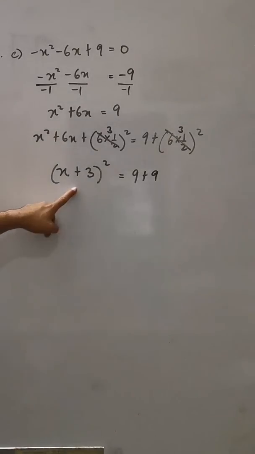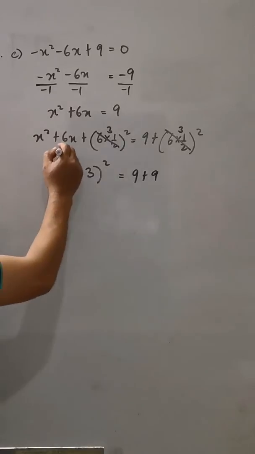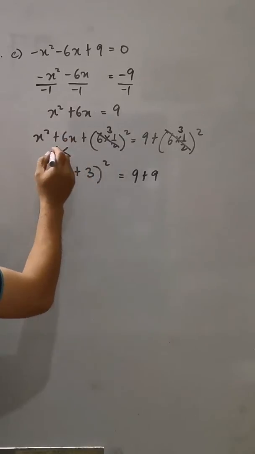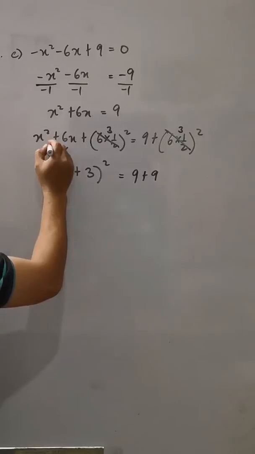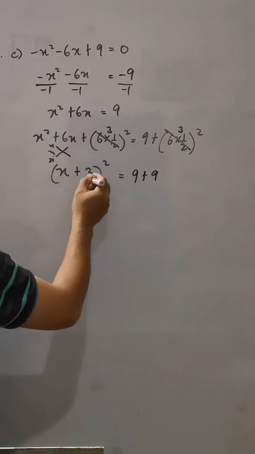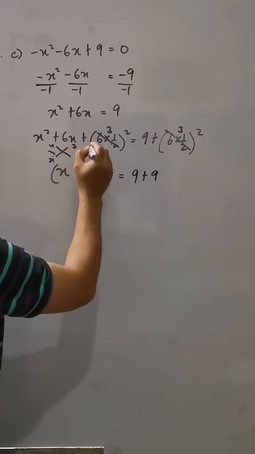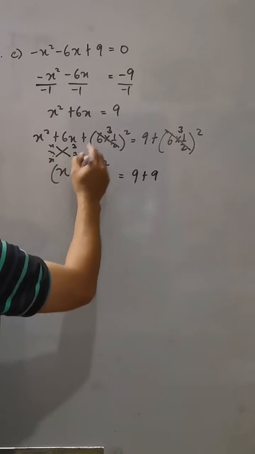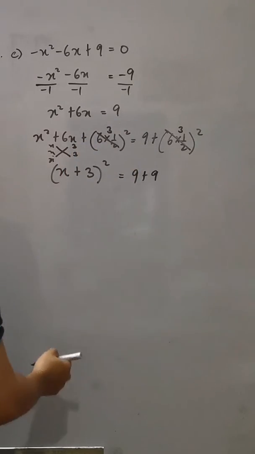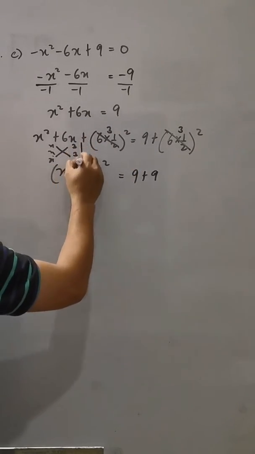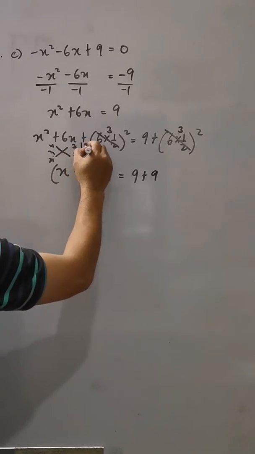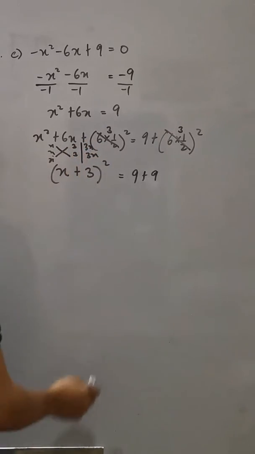Okay, in case you wonder how I get this, this is the factorization. So x times x will be x squared, and then 3 times 3 will be 9, because 3 squared is 9. If you multiply 3x and 3x, it becomes 6x.